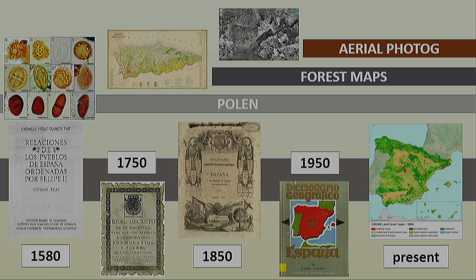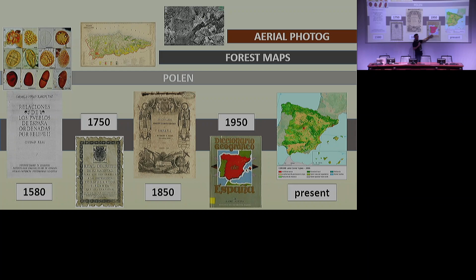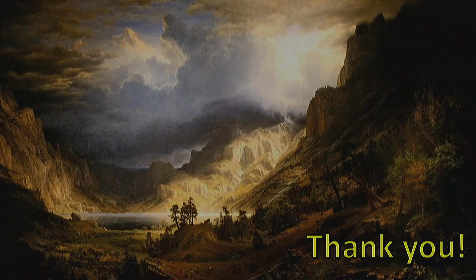So this dictionary, if we ever start working with it, I hope so, would be a key element to engage all approaches, because if we describe land uses with the same approach as in the mid-19th century, and we do the same for the mid-20th century, also based on species records, we would be able to link it directly to aerial photographs and then to satellite-derived land uses and so on. So this is what I wanted to tell. Thank you very much.